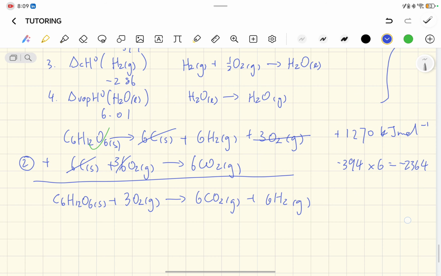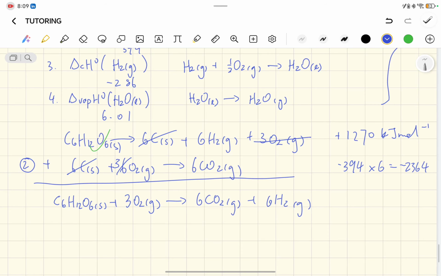And this gives us an enthalpy change of 1270 minus 2364, which is equal to -1094 kilojoules per mole.